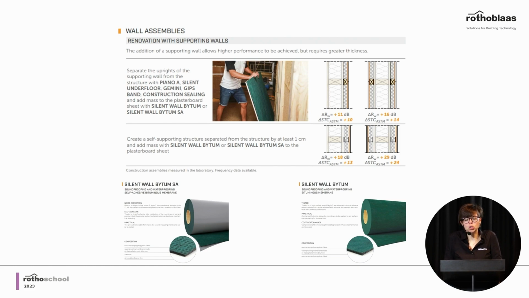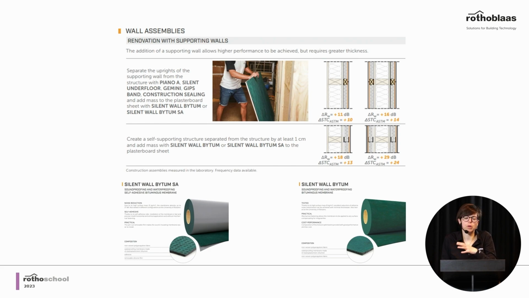The best solution for having a higher acoustic improvement, but this needs more space, is to have a self-supporting structure, which is completely separated from the original structure. Of course, this is the best solution because this allows you to have a structure that is completely separated.